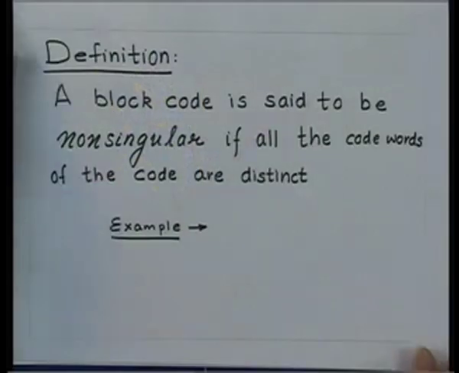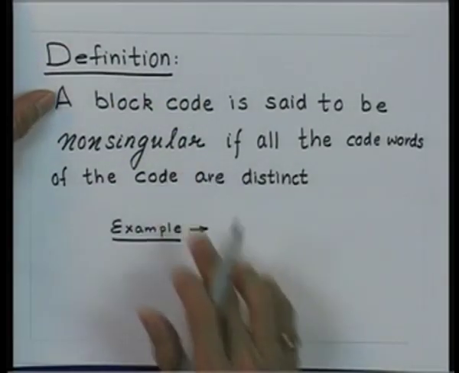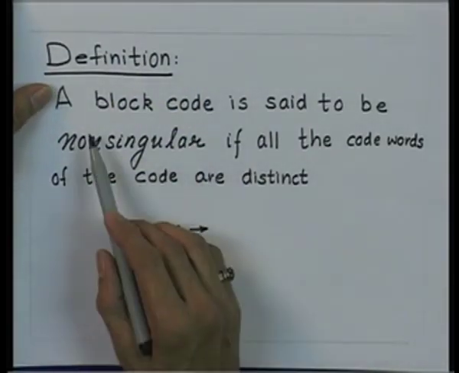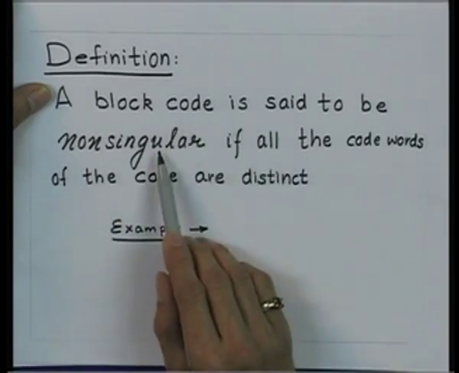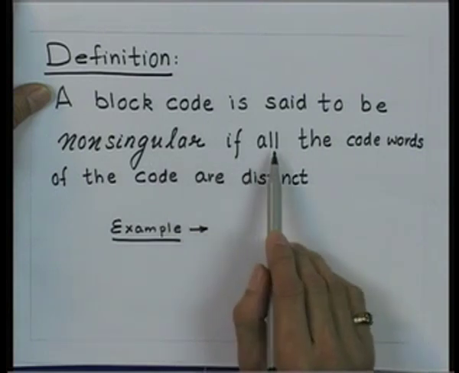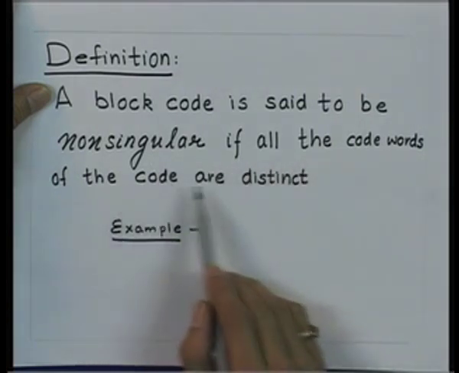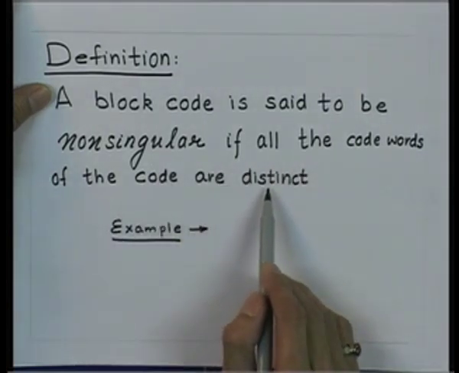So let us formally define a non-singular block code. The definition of a non-singular block code would be: a block code is said to be non-singular if all the code words of the code are distinct.